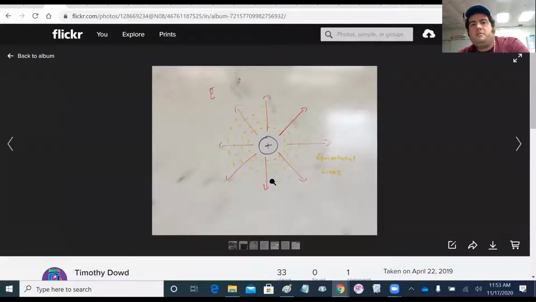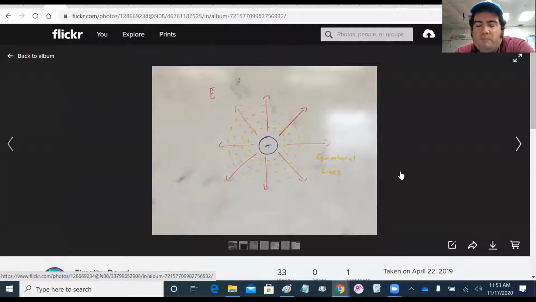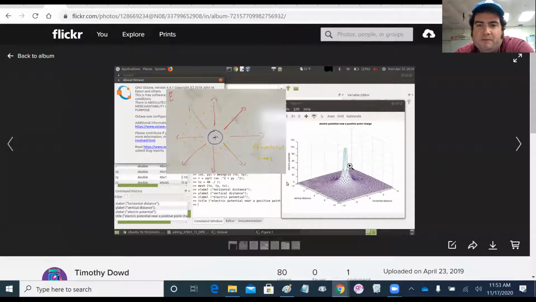So here's a better picture of what I just did. Any positive charge, like this cursor, is going to experience a force away. And it's going to be moving to lower and lower potential energies as it moves to these different potentials. If we graph electric potential on a z-axis in a 3D chart, it becomes easier to see what's happening.